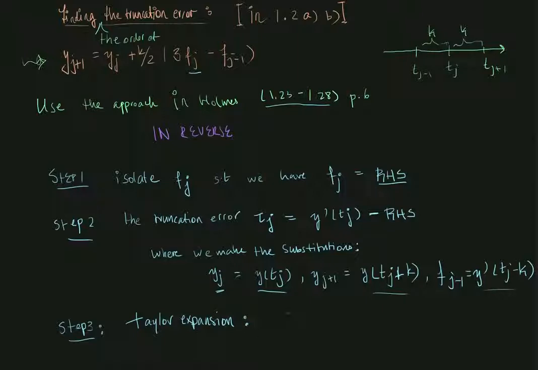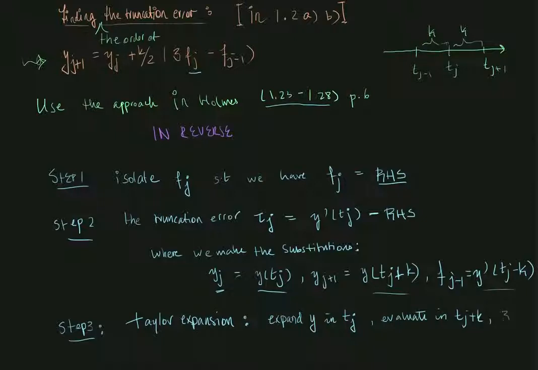So what we want to do is Taylor expand two functions. So we want to expand y by doing the expansion around tj and evaluating in, well, you guessed it, tj plus k.